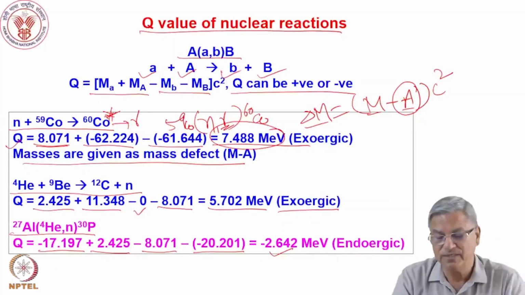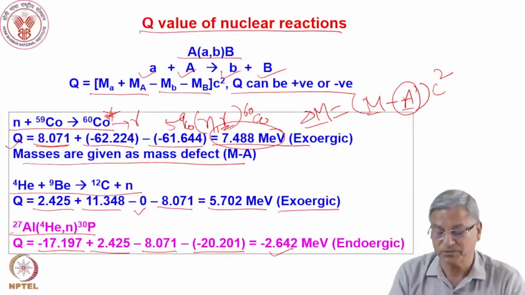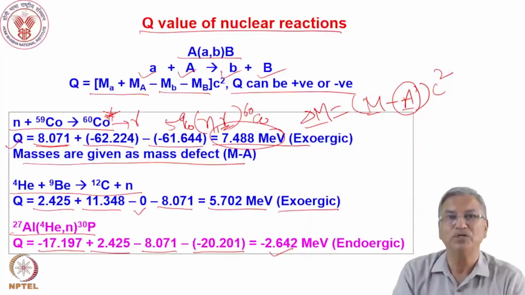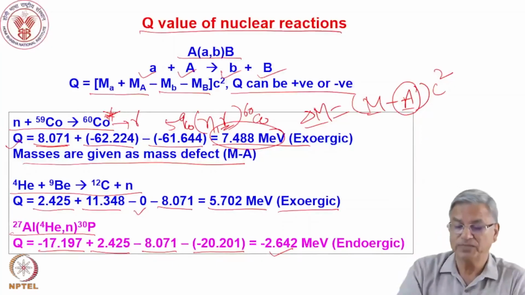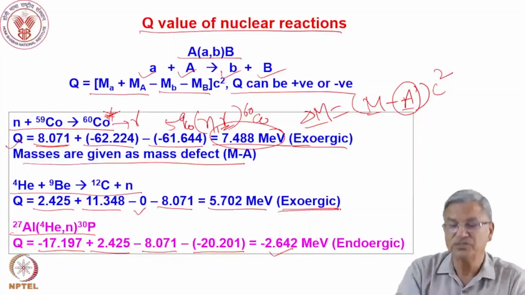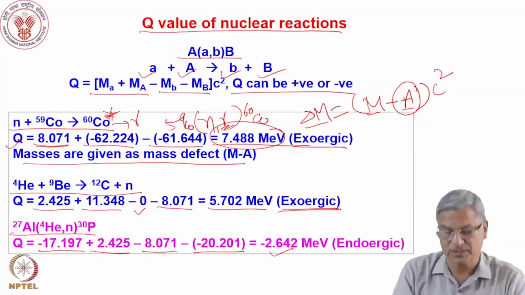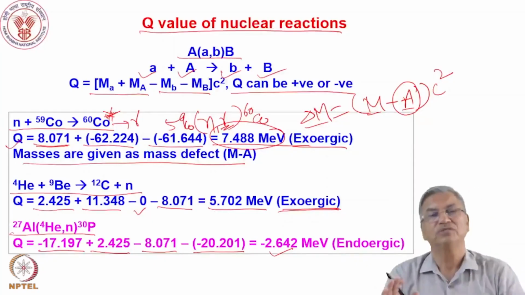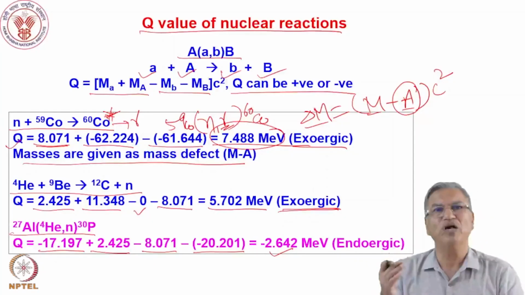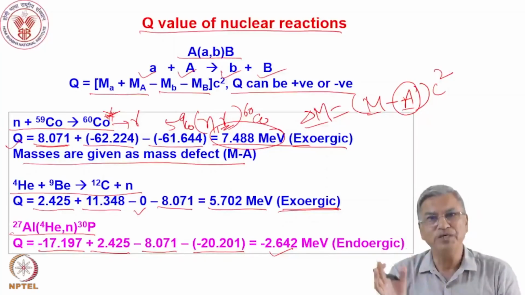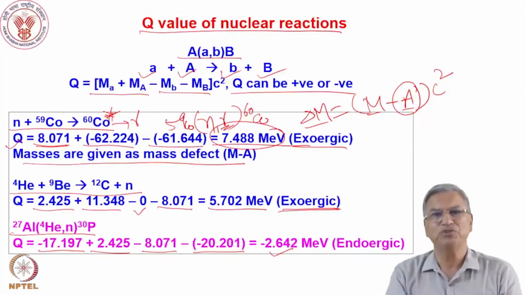A reaction having a negative Q value is called an endoergic reaction, because energy is required to induce it, whereas for an exoergic reaction, energy is released. Nuclear reaction Q values will be in the range of MeV, and could be positive or negative.